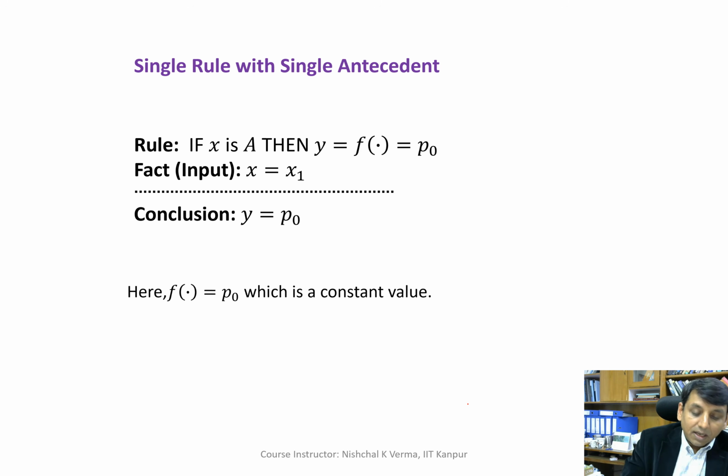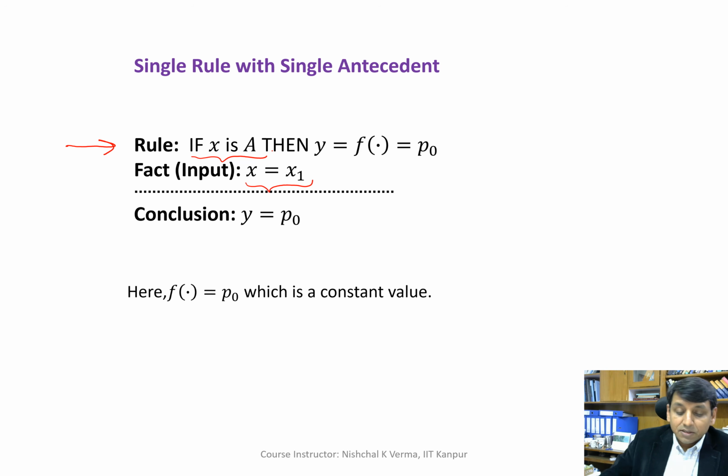As I've already mentioned, we can have only the crisp input. So here x is equal to x1 we are supplying. So the fact or the input we can have as x is equal to x1. And here is the rule. We have only one rule, and the rule has a single premise, a single antecedent: x is a.